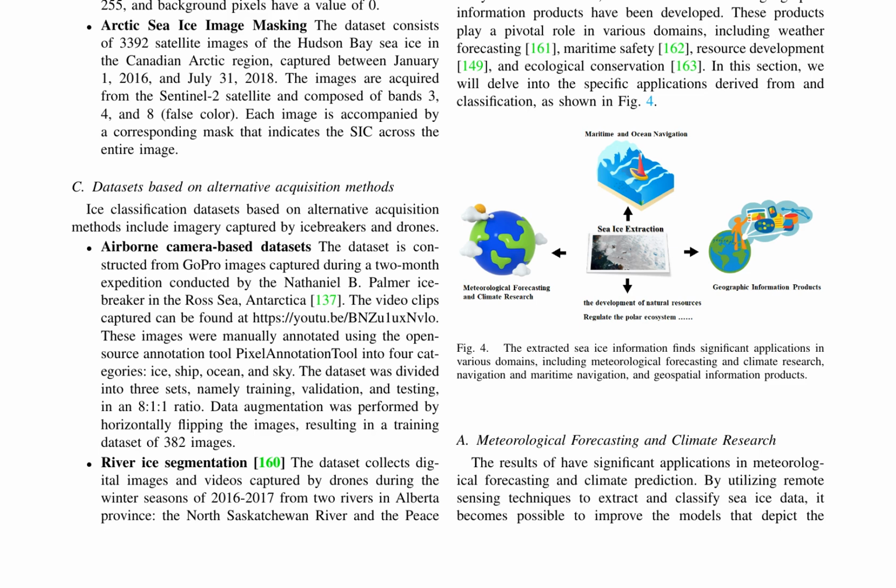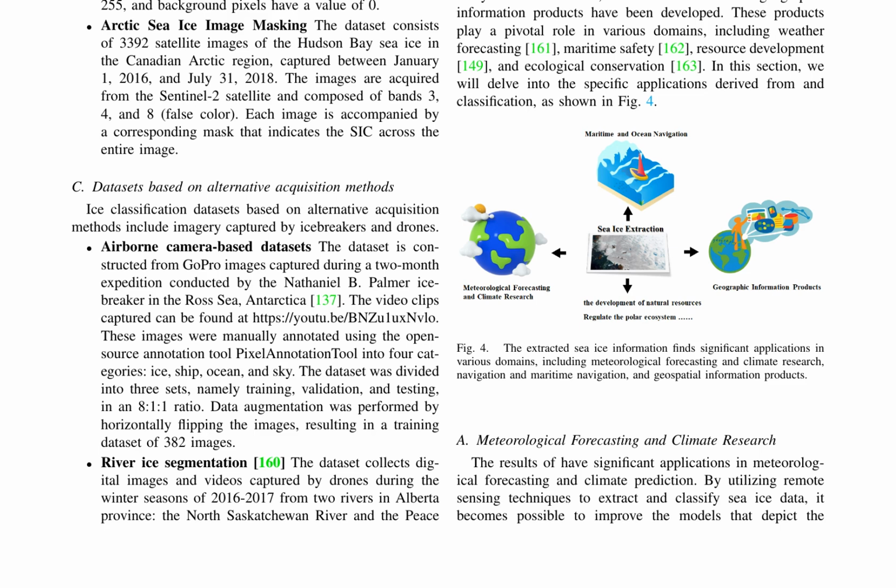The 2021 GAOFEN dataset, which consists of high-resolution visible light images with a resolution of 50 meters, and the Arctic Sea Ice Image Masking dataset, which comprises 3,392 satellite images of the Hudson Bay sea ice in the Canadian Arctic region.